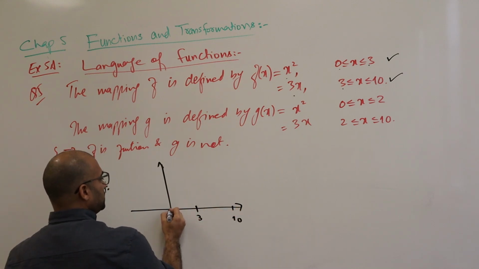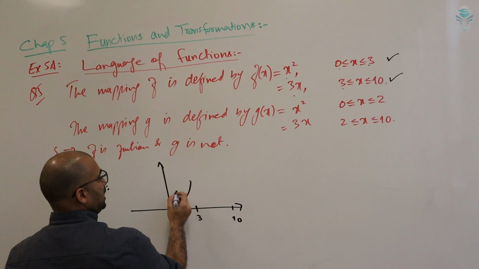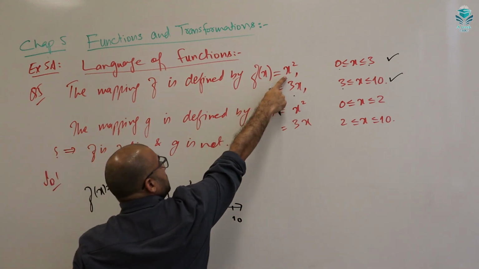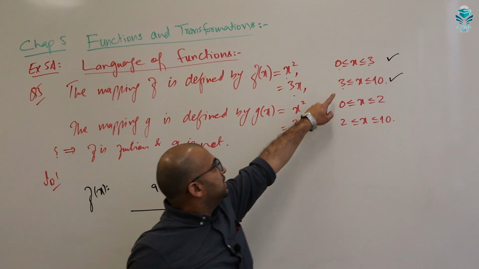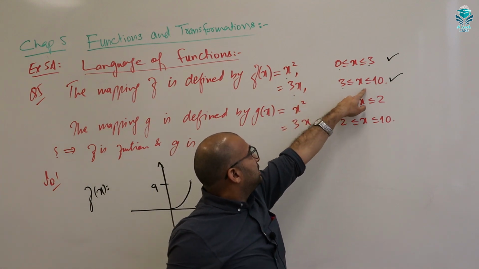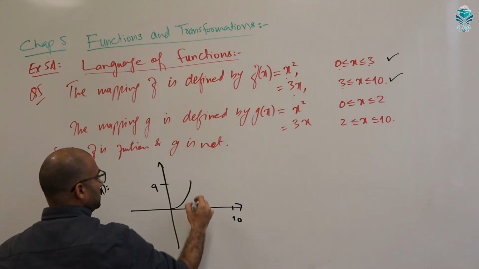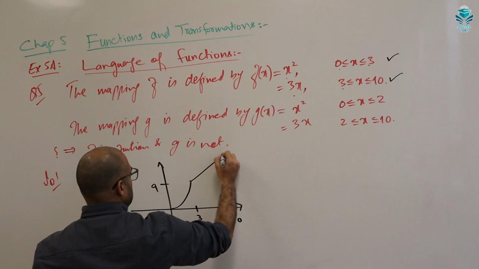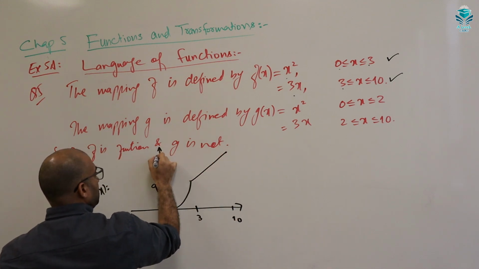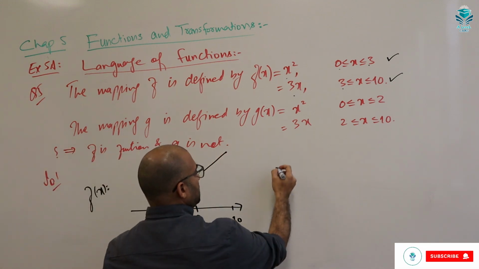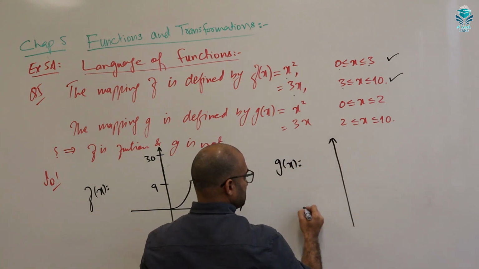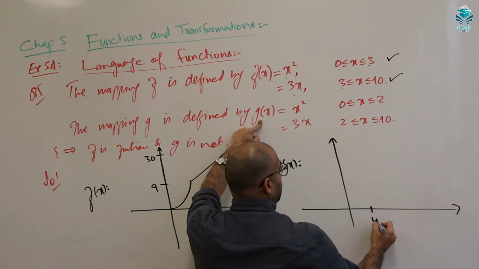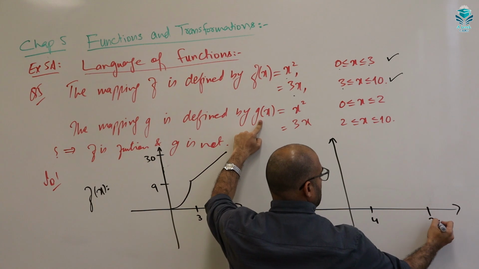From 0 to 3 the function is defined as this one. At 0 it will be 0 and at 3 it is 9, but at 3 it is 9 and at 10 the function value is 30, this one. But for the function g of x, its graph can be illustrated as follows.